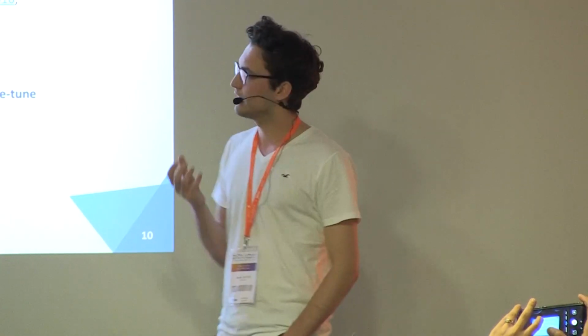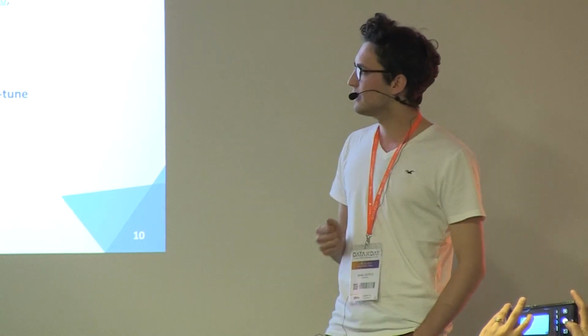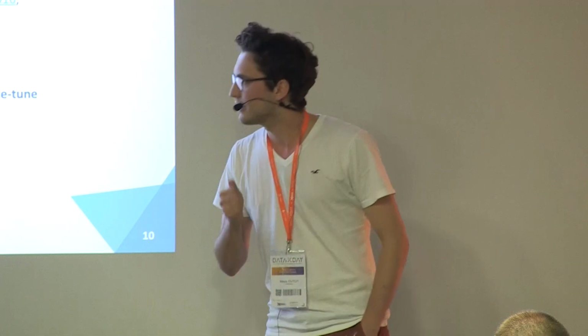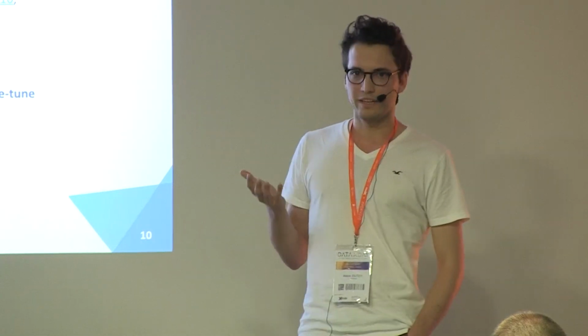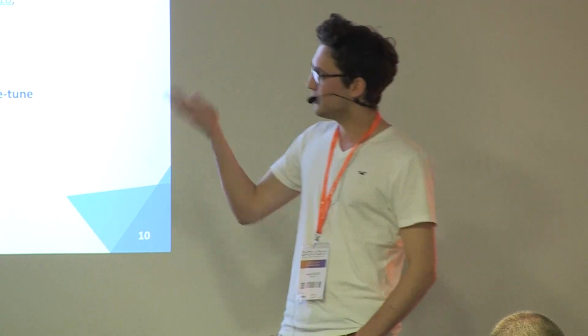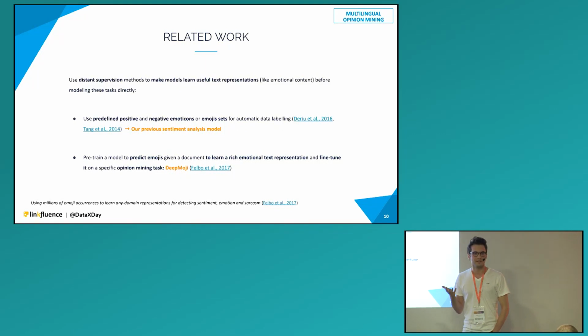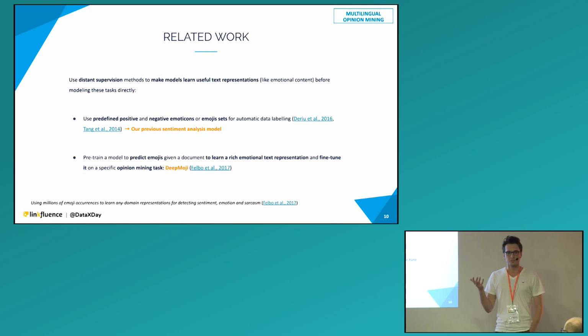And for opinion mining, and more precisely sentiment analysis, Deryu and Teng proposed a method to automatically annotate millions of data for sentiment analysis. They used a predefined positive and negative emoticon or emoji set, because on social media data, you've got many posts containing at least one emoji or an emoticon.